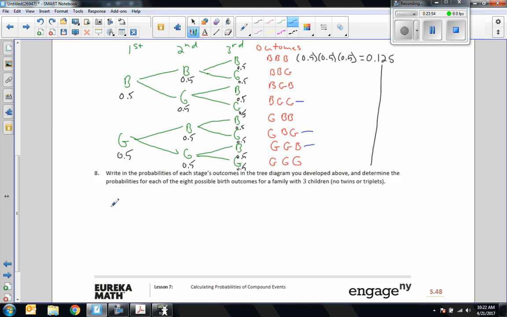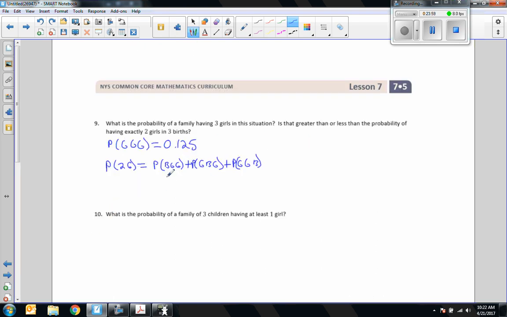There are 3 of them. Okay, so the probability of 2 girls is 0.125 plus 0.125 plus 0.125, which is 0.375. So the probability of 2 girls is 0.375.